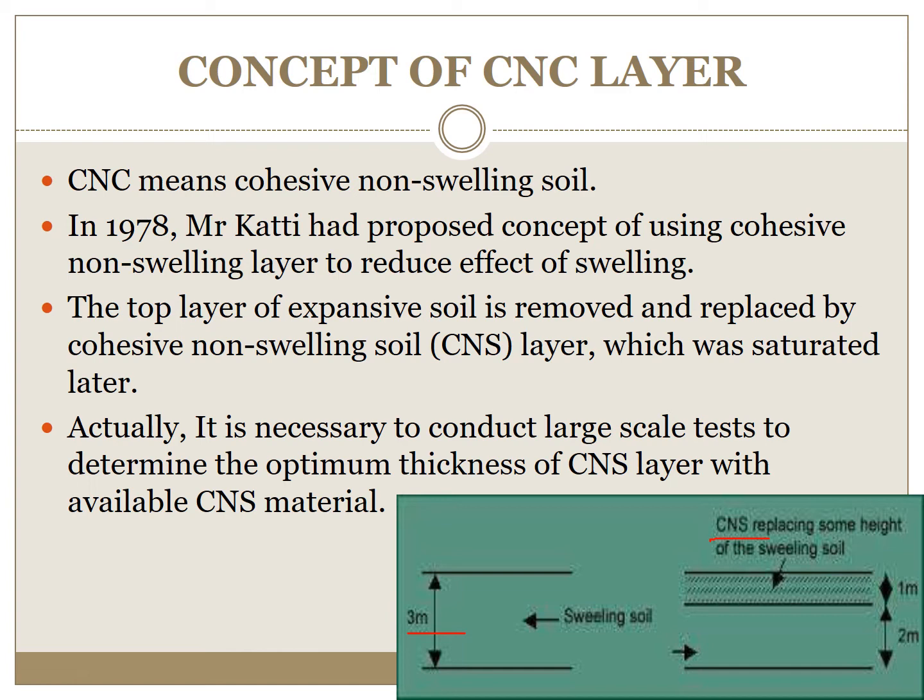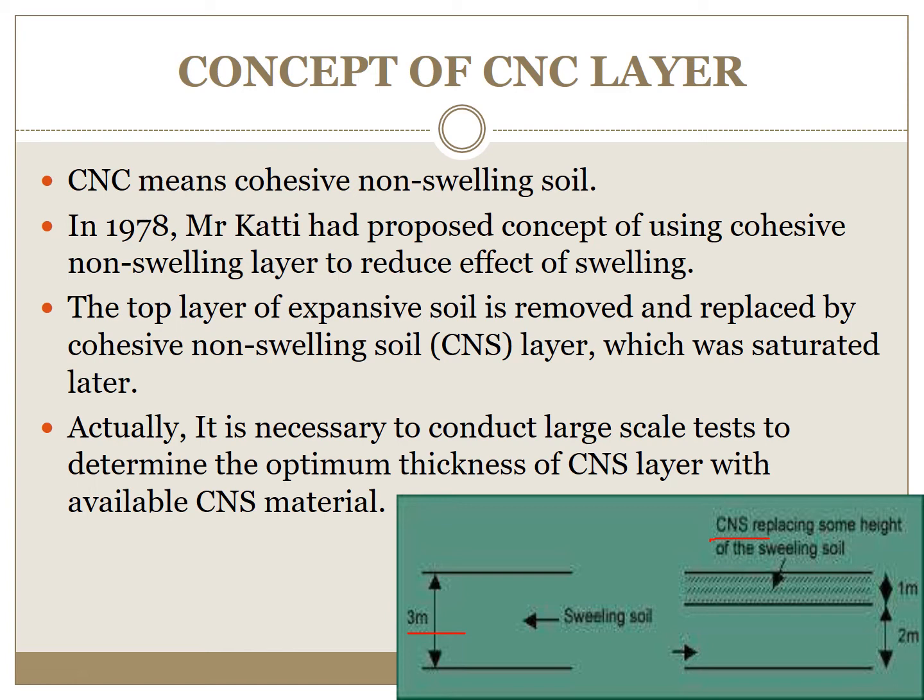It is necessary to conduct large scale tests to determine the optimum thickness of CNC layer with the available CNC material. For building construction, the thickness of the CNC layer below the footing level is kept 1 meter, extending 1 meter beyond the edge of the footing.